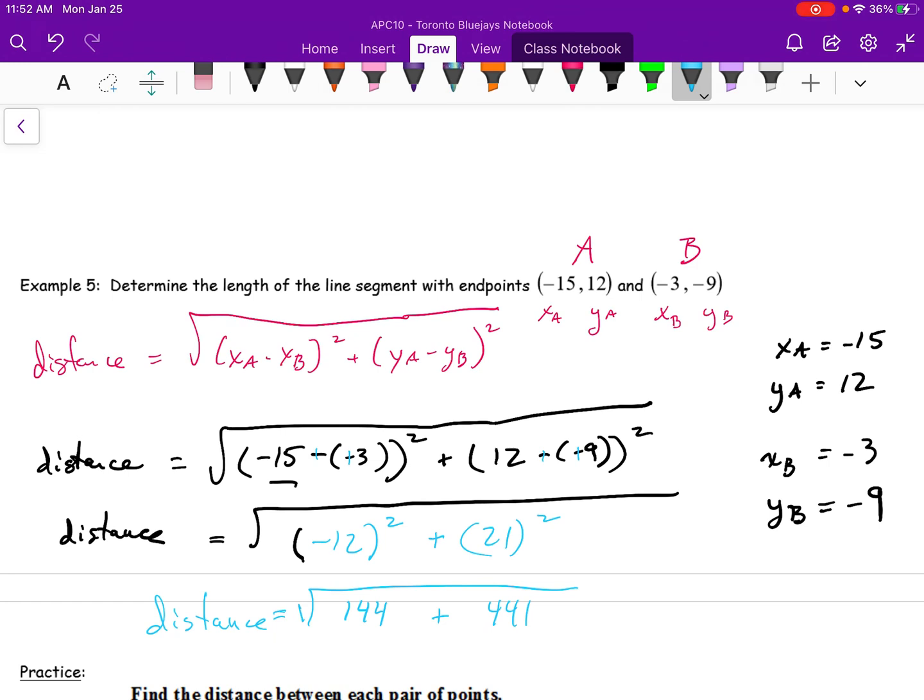Indeed. If I add these two together, the distance is equal to the square root of 585. I'm not so cruel to do this any other way than a calculator, so the distance is the square root of 585, which ends up being 24.1867. We're going to keep 3 decimal places, so we're going to round. This is equal to 24.187.